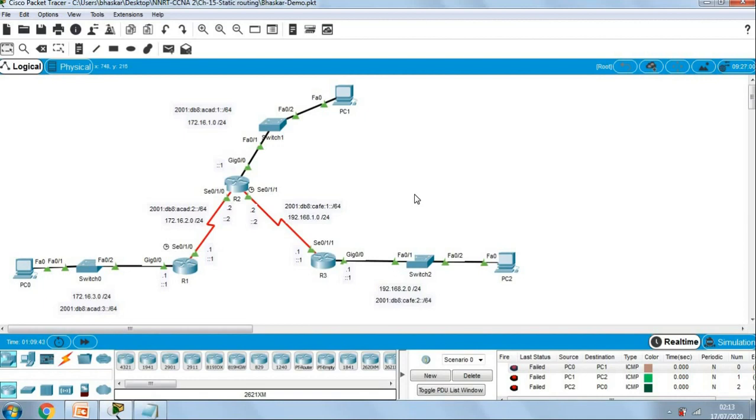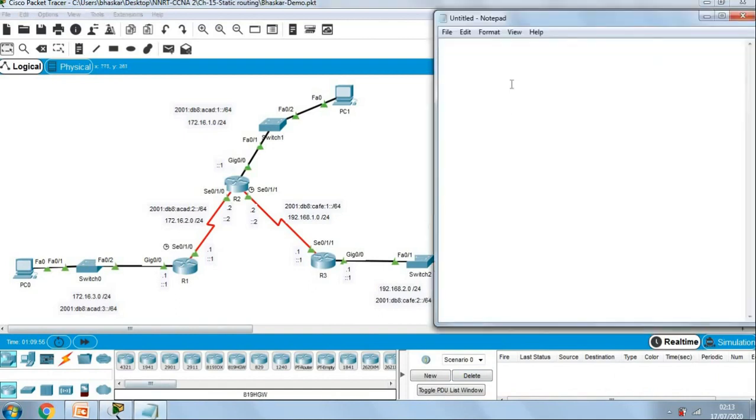In the next module, you are going to configure almost the same topology using dynamic routing protocols. But here we are going to configure the static routes. Now we learned that static routes are basically of two types: next hop static route and directly connected static route.